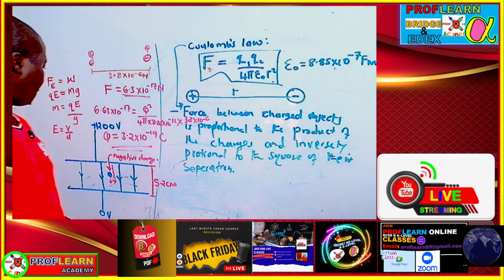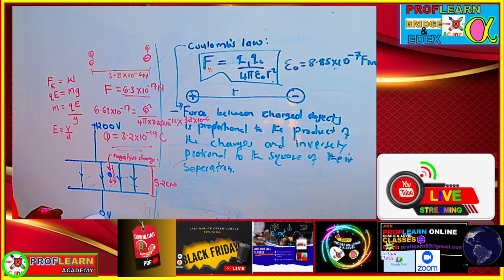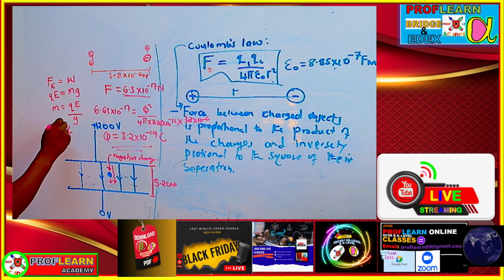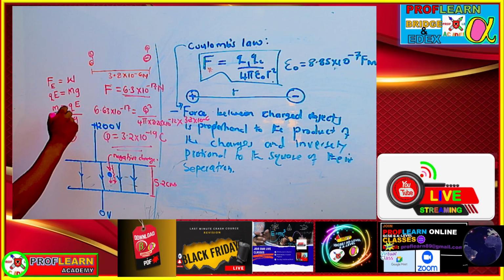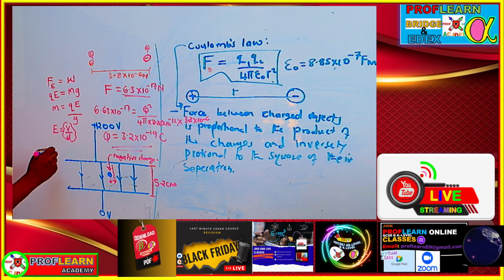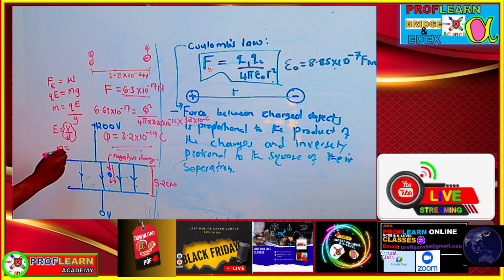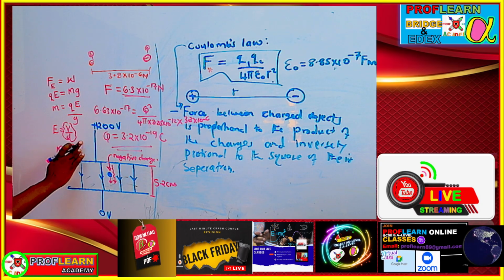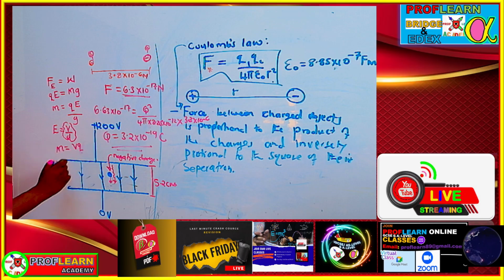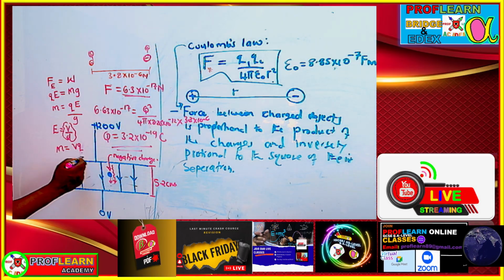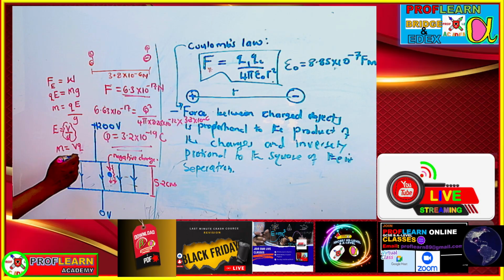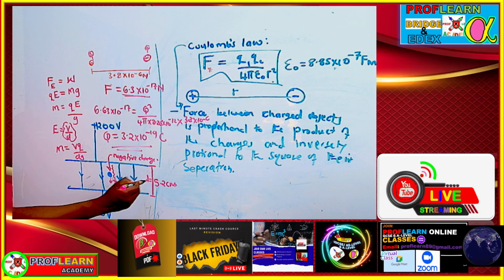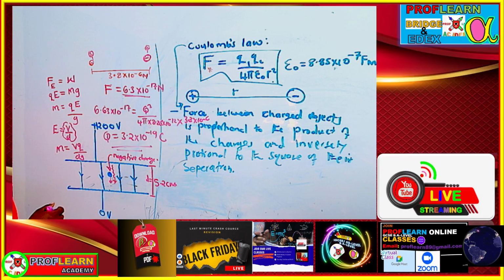If we substitute E with V over d here, our equation is mass equals Vq over dg, where q is the charge of this oil drop, d is the distance of separation and g is the gravitational field strength.